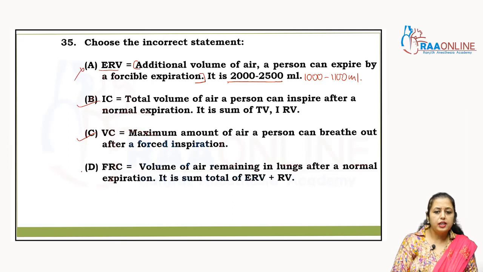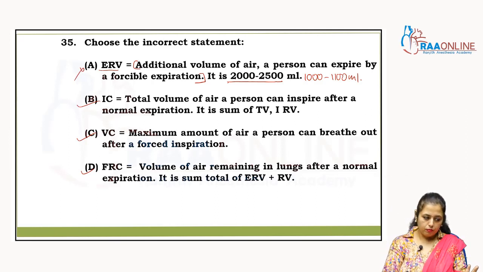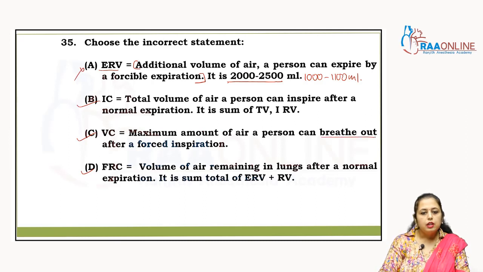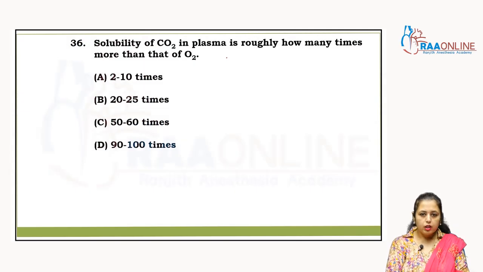And one more thing, for VC there are two definitions given in the NCERT: the maximum amount of air a person can breathe out after a forced inspiration, or breathe in after a forced expiration. So the incorrect statement is A, so the answer is A, because the question asks for the incorrect statement.